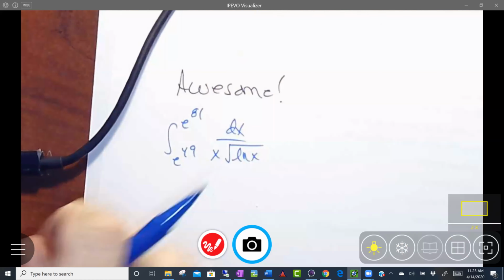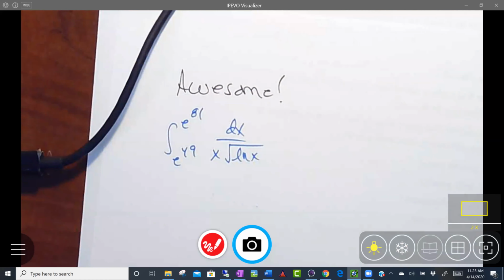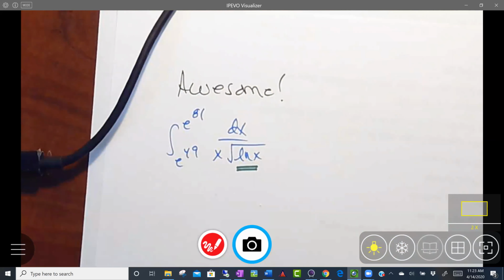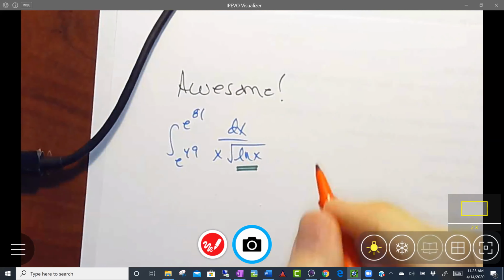Now, the trick on this one is that we want to choose ln of x for the substitution. The reason for that is that our du term is actually already there. Let's take a look.